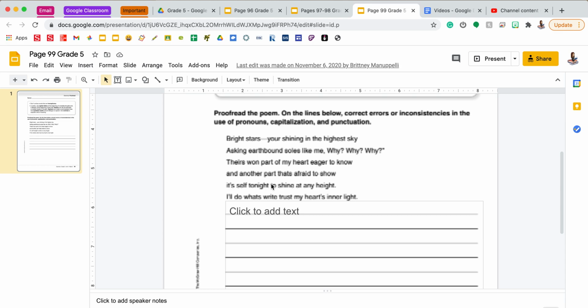So for the first line, it says, bright stars, your shining in the highest sky. First, I need to fix your to you're, as a contraction for you are. And then I'm going to add a comma at the end of my sentence to show that I'm continuing on to the next line.